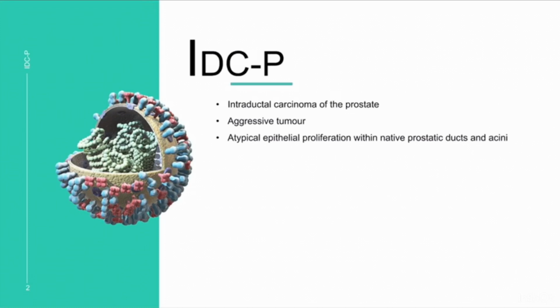It will look the same as benign glands, but enlarged, with epithelial atypia and proliferation within it. This epithelial proliferation shows complex architecture, either solid or cribriform, and there may or may not be significant nuclear atypia.